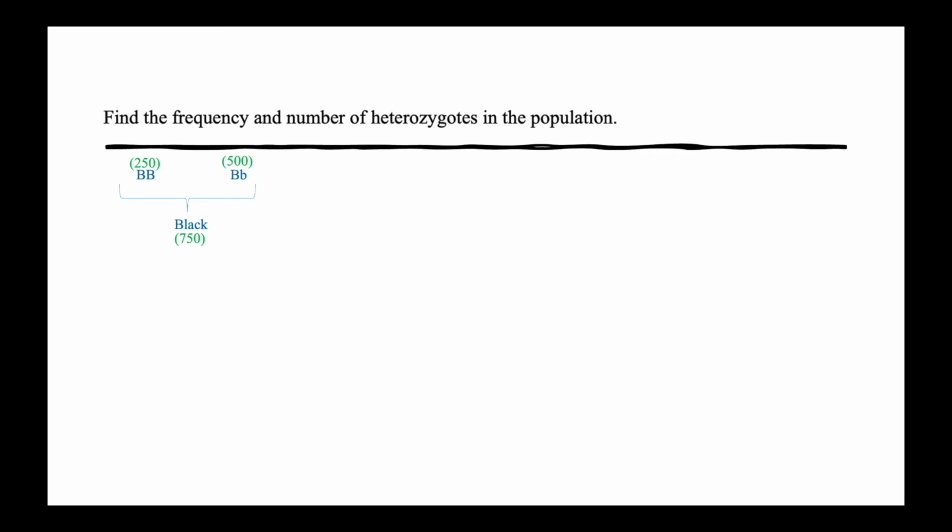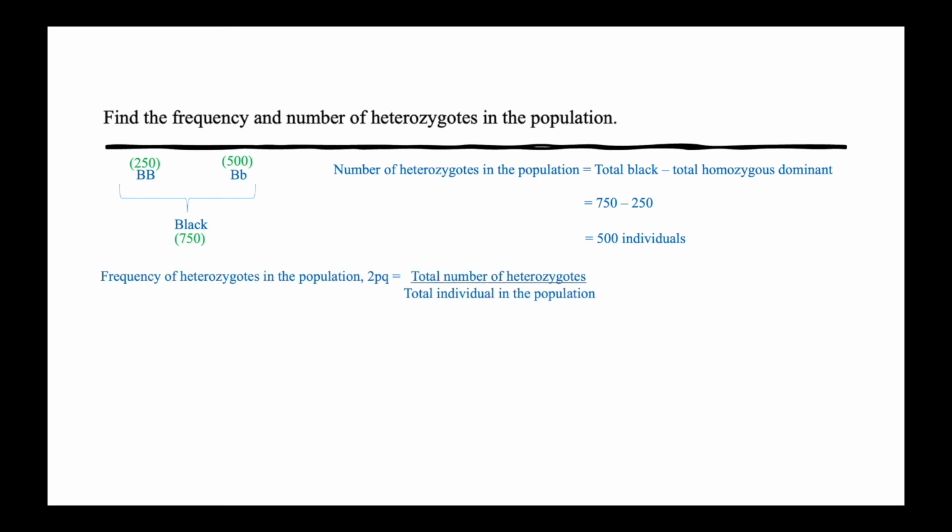Or to put it neatly, the number of heterozygotes is equal to the total number of black individuals minus the total homozygous dominant individuals, giving us 500 individuals. To find the frequency of heterozygotes, or 2pq, we simply divide the total number of heterozygotes by the total individuals in the population, in this case 500 divided by 1000, giving us the value of 0.5.